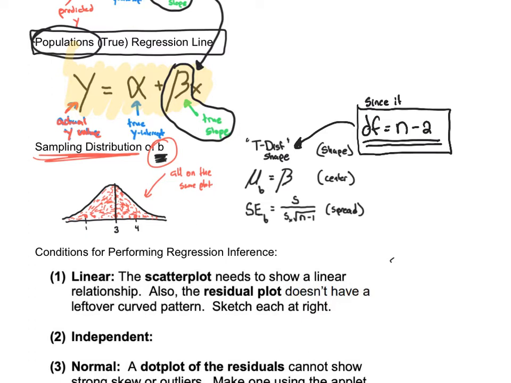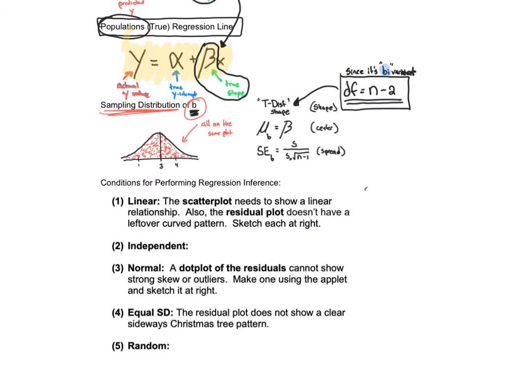Since it's bivariate data, the word bi means 2, so when we're doing our degrees of freedom, just make sure you subtract 2 instead of 1, like we used to. Okay, that's going to be the setup. This will help us think about what is going on in this distribution.